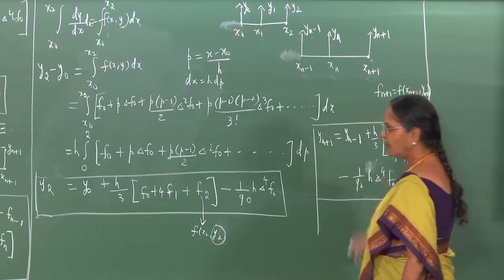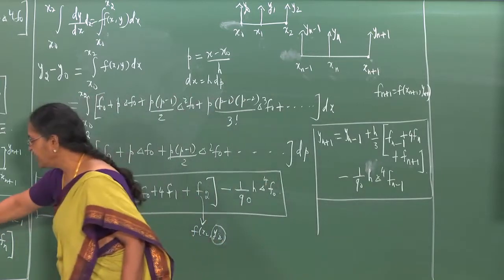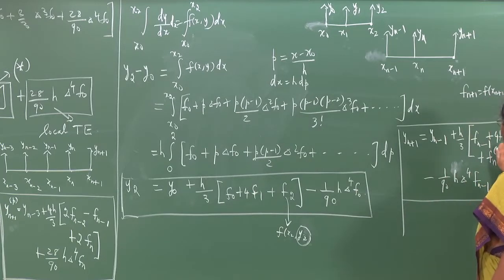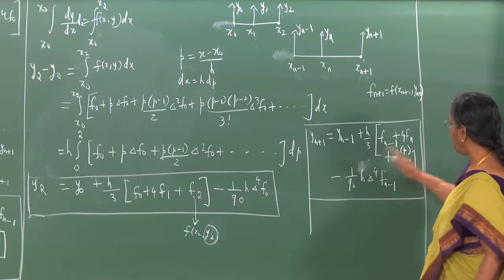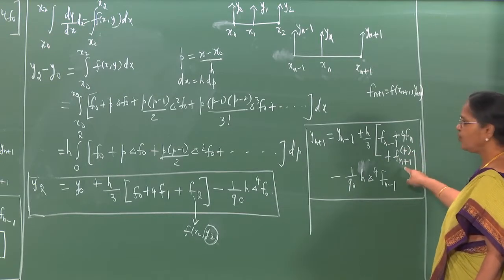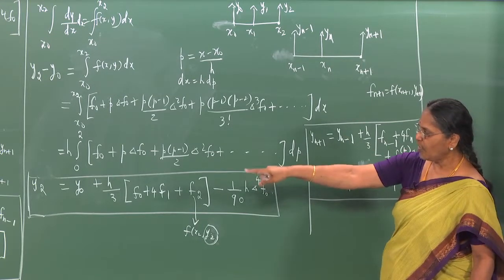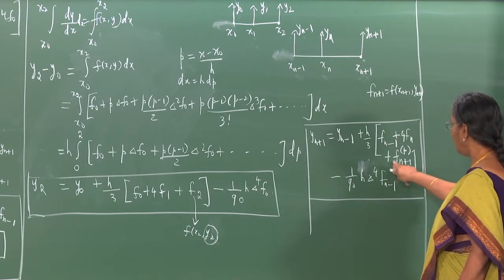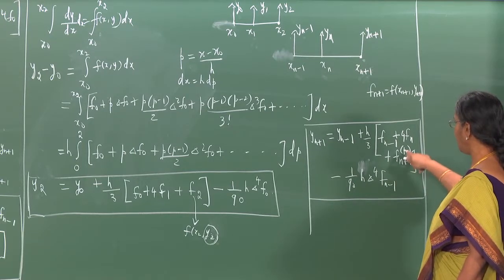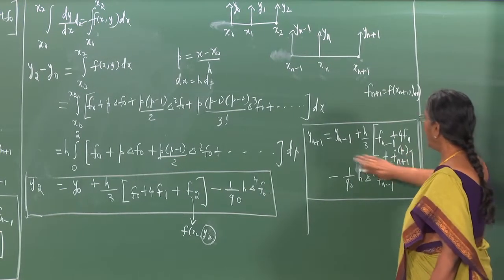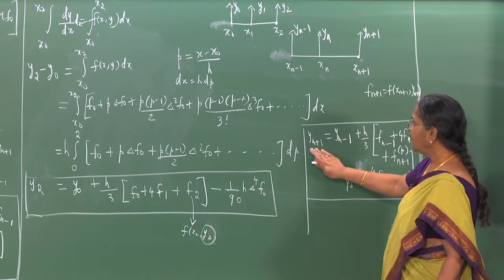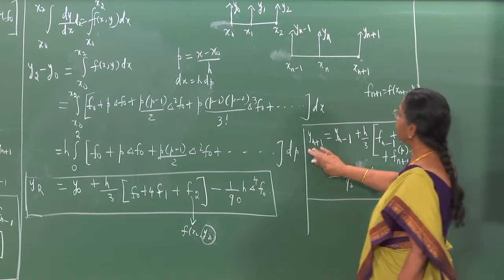I get that information from this predicted value. So, I call this fn plus 1 as being obtained by using the predicted value of yn plus 1 from that method. So, I compute fn plus 1, call it fn plus 1 predicted. So, I know every term on the right hand side. So, I get the value of yn plus 1.